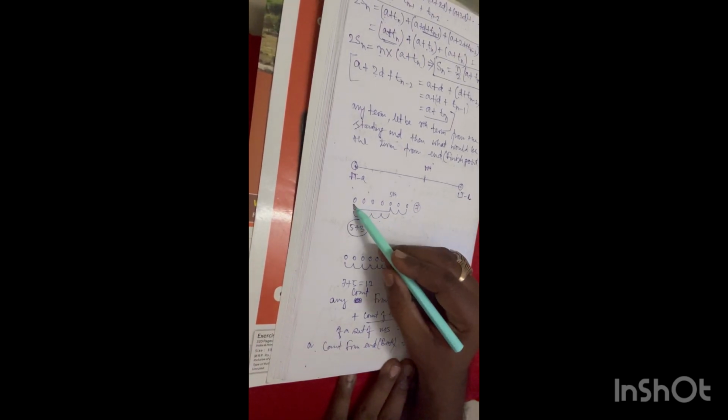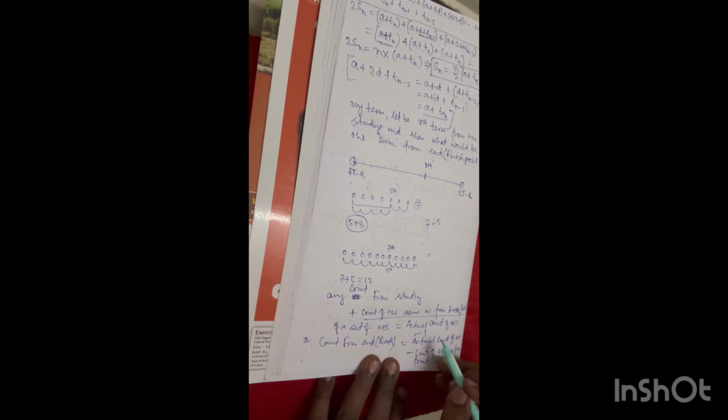So if I have 7 as the actual count and the number I am getting from the start is 5th, my count from the back end will be 7 minus 5 plus 1. Sorry, this will be plus: the count of the number from the start point plus the count of the number from the back is equal to the actual count plus 1.